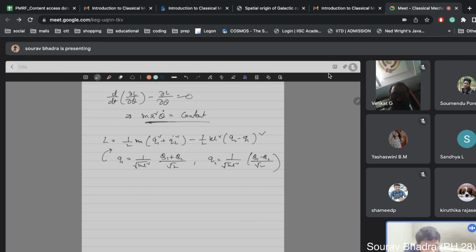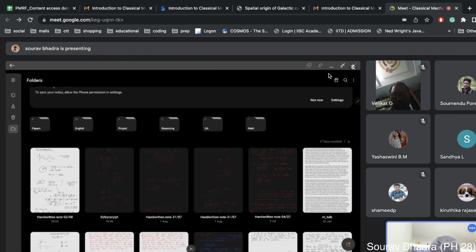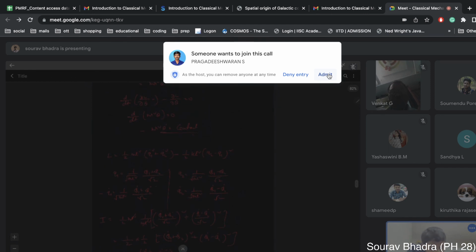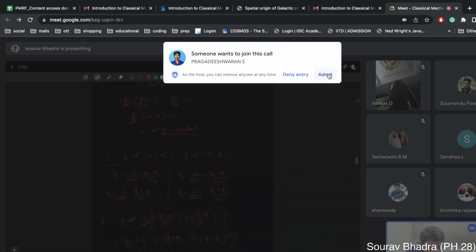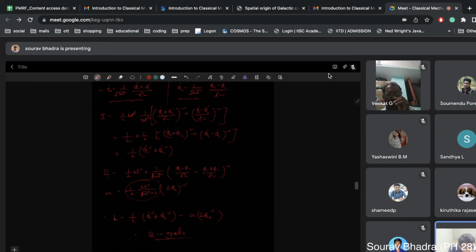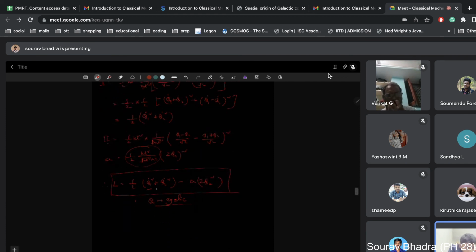I have already done that, so I will not do it again. I will just show you. Here you can see this was given in the equation, and then you have to calculate the q1 dot and q2 dot, and if you put them in the original equation, you will find that the Lagrangian will be like this, where the capital Q1 dot term will be there, Q2 dot will be there, and Q2 will be there.